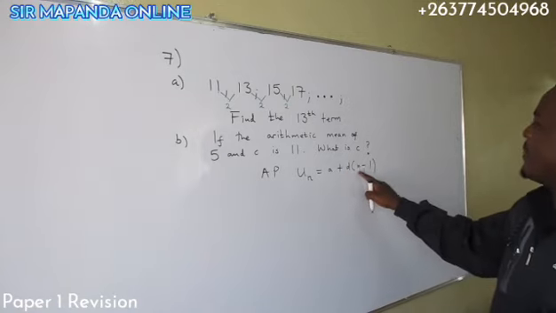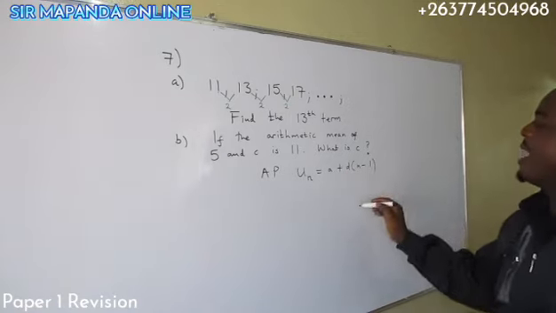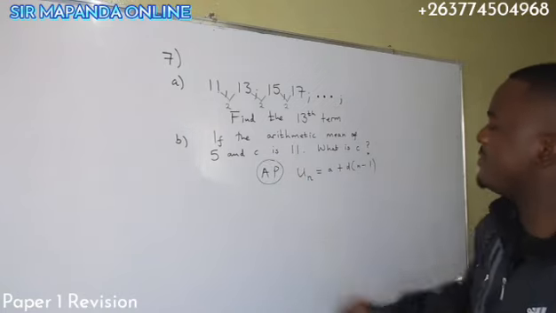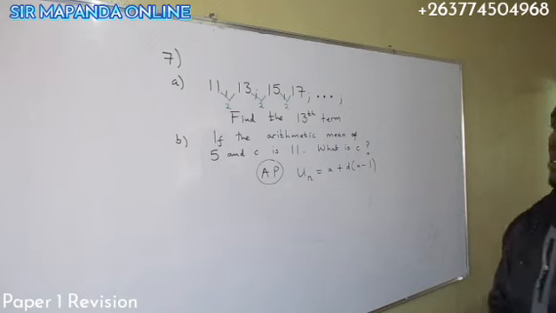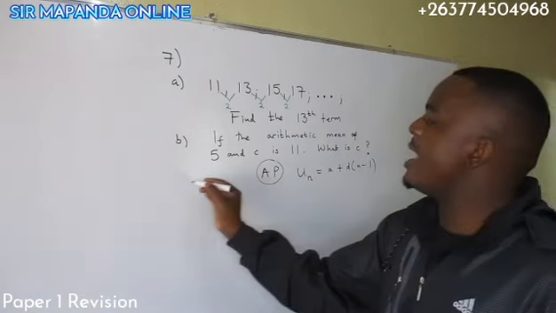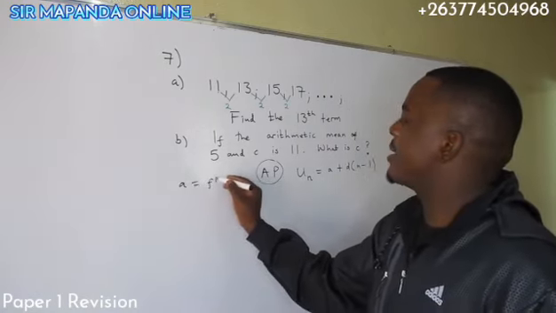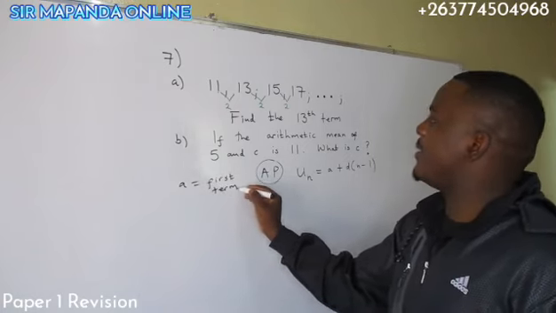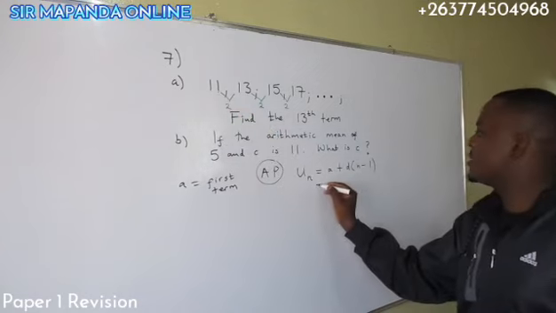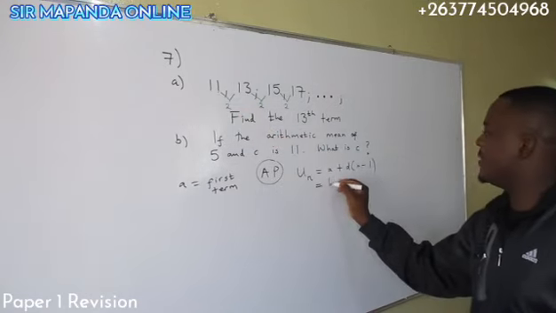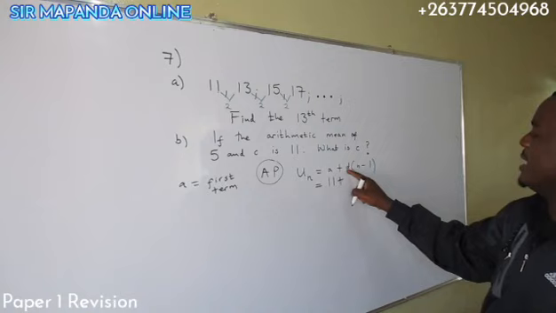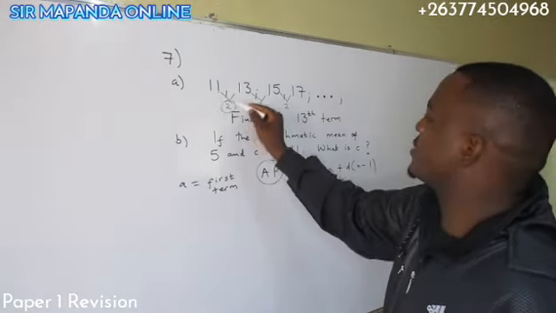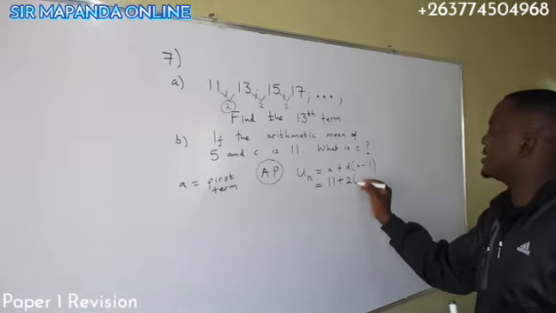A plus D, open bracket, n minus 1 is the formula used for a sequence with the common difference, which is known as the arithmetic progression. So what is A? A denotes what you call the first term. In this case, our first term is 11. So I'm going to put 11 on A. What is D? D stands for the common difference. The common difference is 2. So I'm going to put 2 on D.